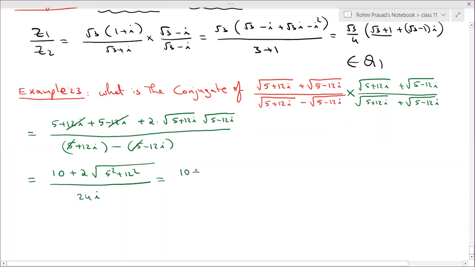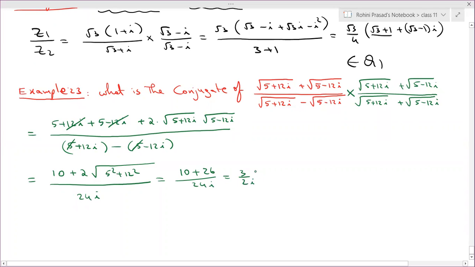So 10 plus 13 twos are 26, that is 36 by 24i, which is equal to 3 by 2i, with i in the denominator.